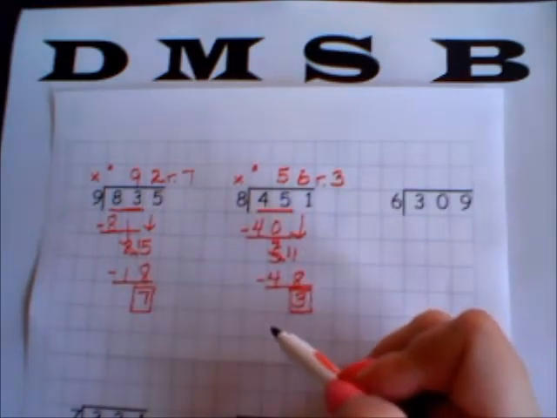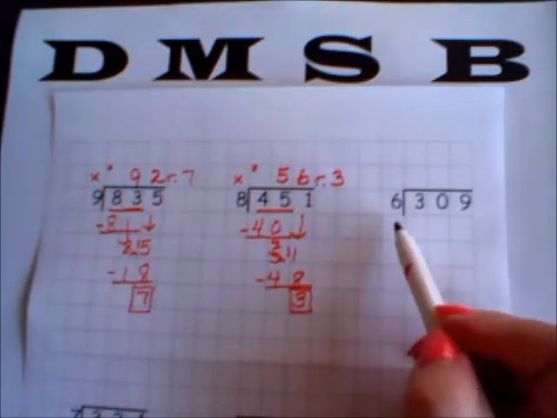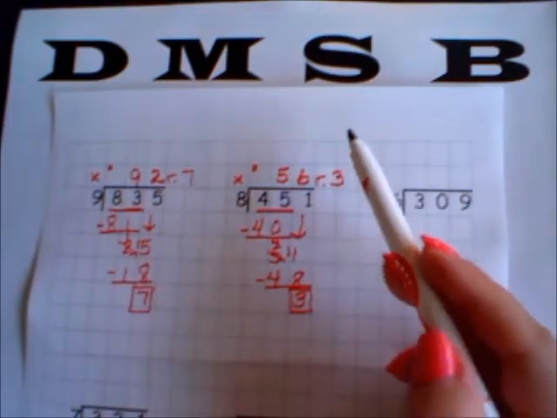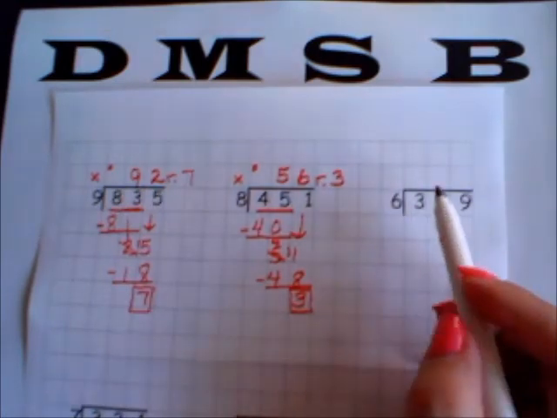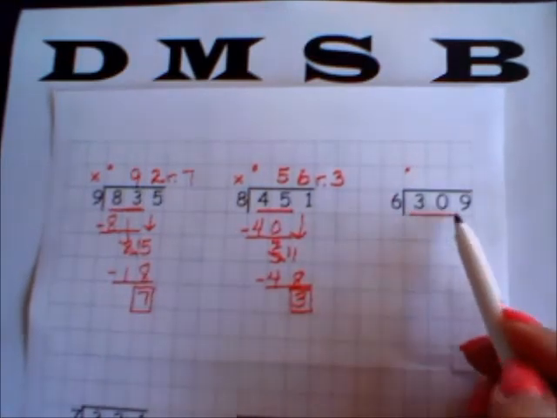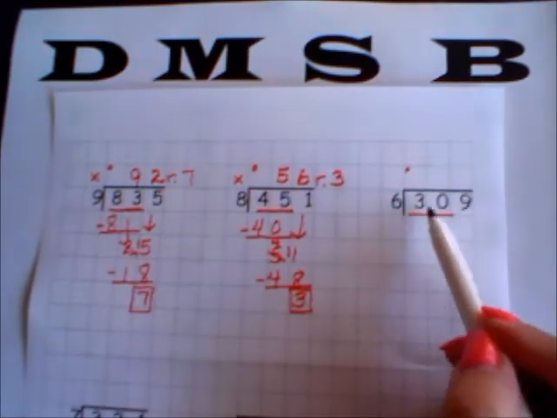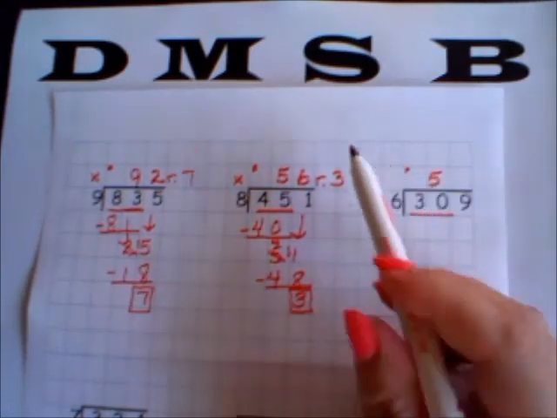Okay, let's try one more. We're dividing, multiplying, subtracting, bringing down. 6 goes into 3 0 times, right? So we have to look at the two numbers together. 6 goes into 30 how many times? 5. Look at our loop.